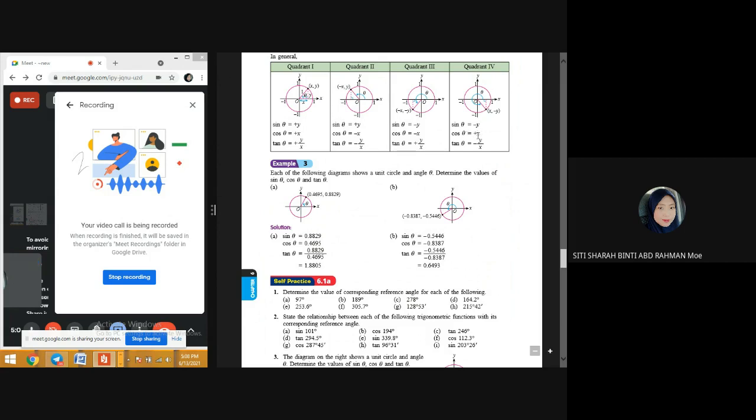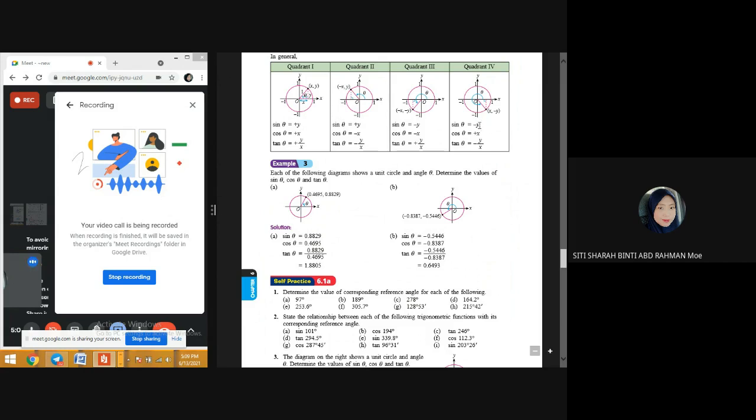So then cos theta, the x is positive, the adjacent is positive, divided by the hypotenuse 1, so you will get the x value, positive. Then tangent theta, we will use negative y, which is the y value, the opposite value, over the adjacent value. So negative y over x. So we will get tangent theta is negative y over x.